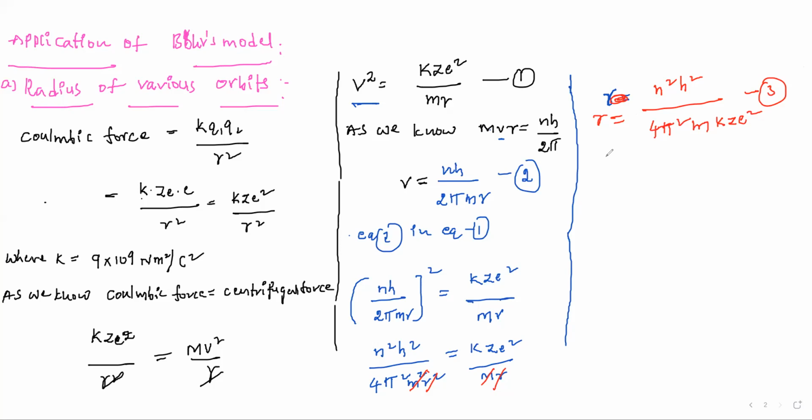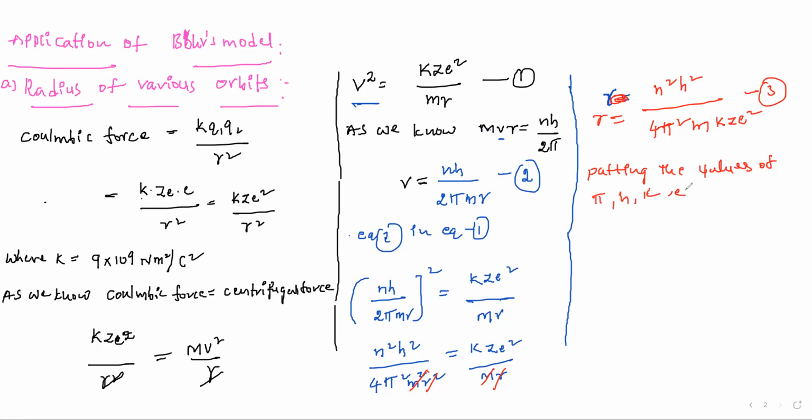Now here actually we require the direct formula. Putting the values of pi, Planck's constant h, k, and the electron charge e.